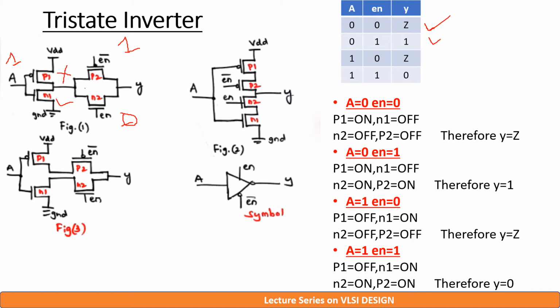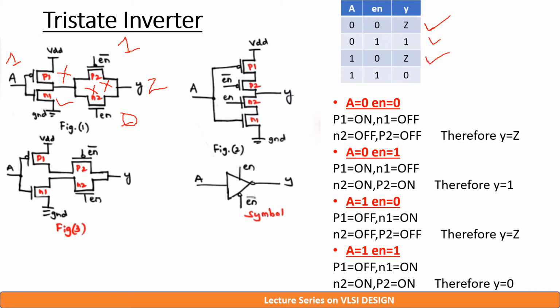Enable is 0, hence this NMOS will be in the off state, and enable bar is 1, so this PMOS will be in the off state, hence the entire TG is in the off state, and Y is never offered a closed path towards VDD or towards ground, hence Y will attain a high impedance state.